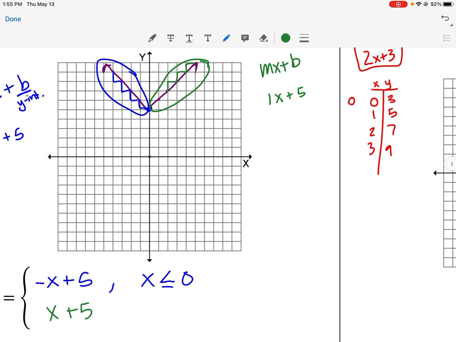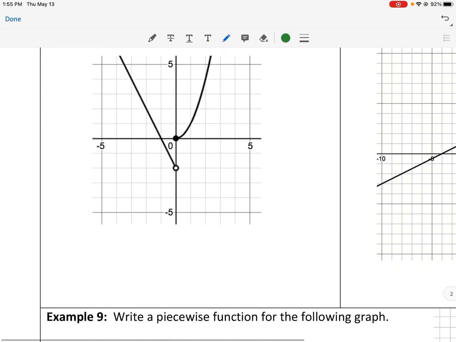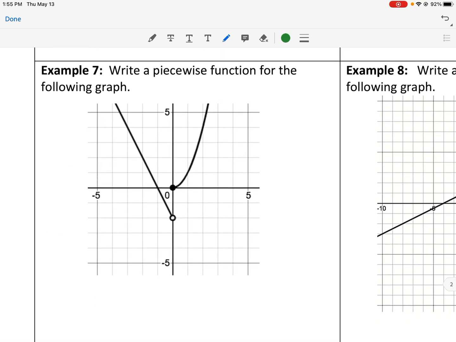So there's our equation for that one, mx plus b. And then this is for the right side. So these are for these x values. But since we used the equal to up here, we can't use that again. So this is just for all the x values greater than 0. And there we go. There is our function, piecewise function.